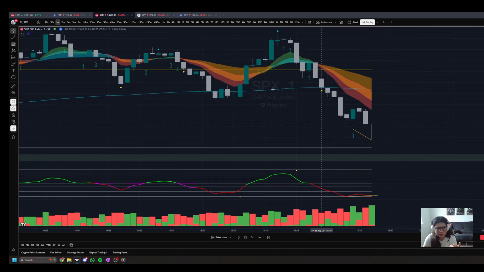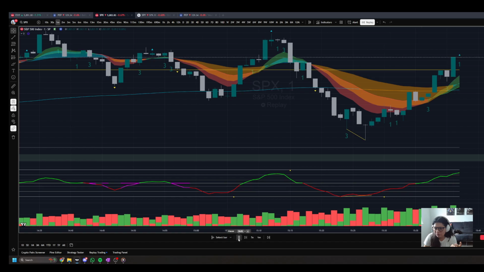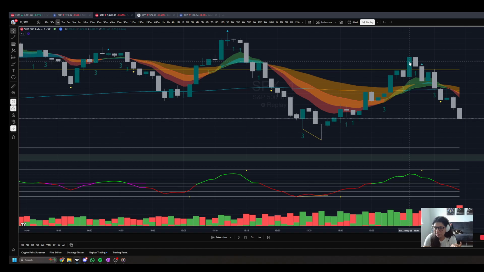So then as you can see, if I press play, eventually we hit the target. And what you can do is either buy one contract and be willing to risk it, because this, as you can see, can turn around quickly. Buy one contract, get out at target, or you can buy, let's say three, and you trail stop, get out around here, get out here, and then finally get out here.